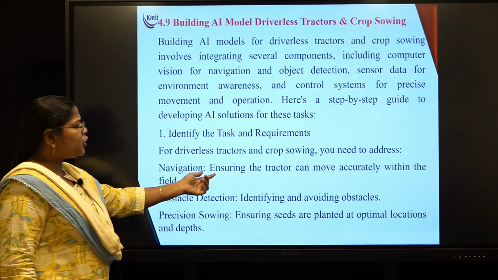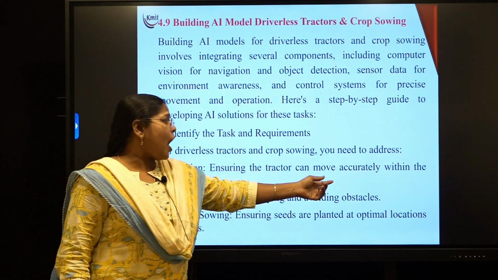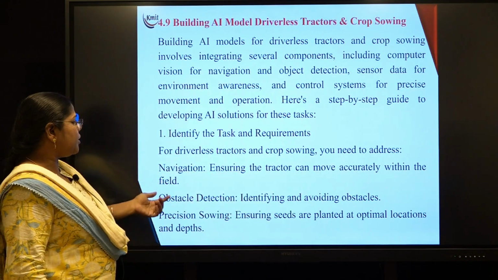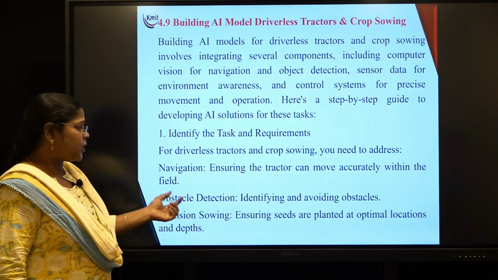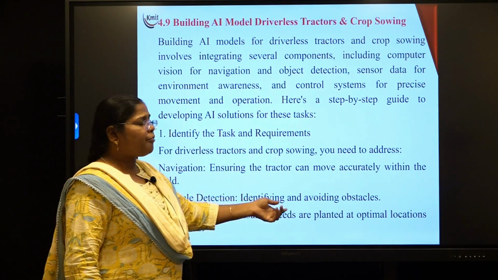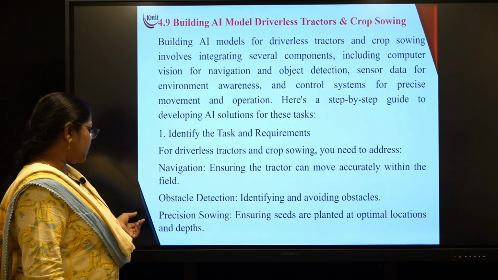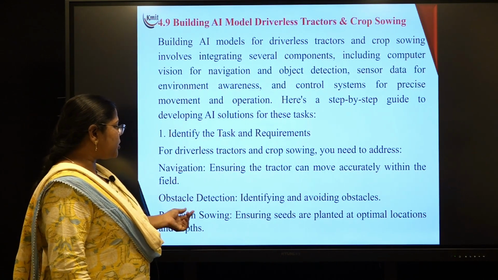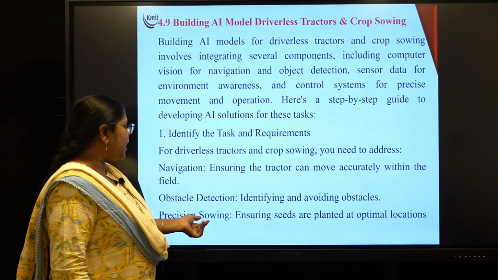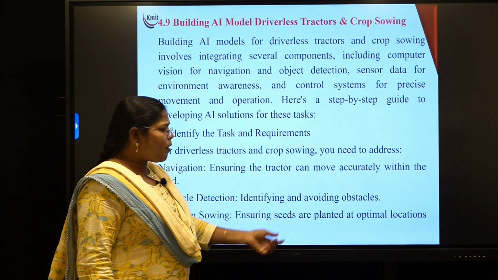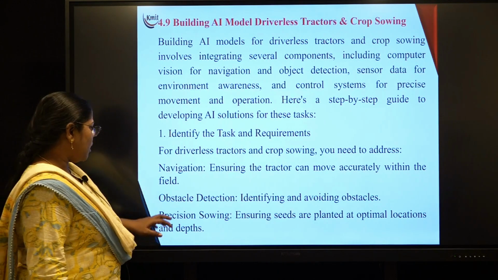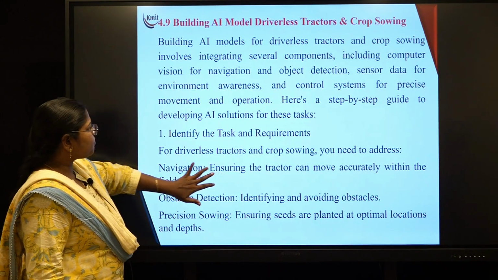Navigation means ensuring the tractor can move accurately within the field. Second is obstacle detection, to identify and avoid the obstacles. Third is precision, to accurately sow the seeds at optimal locations and depths.